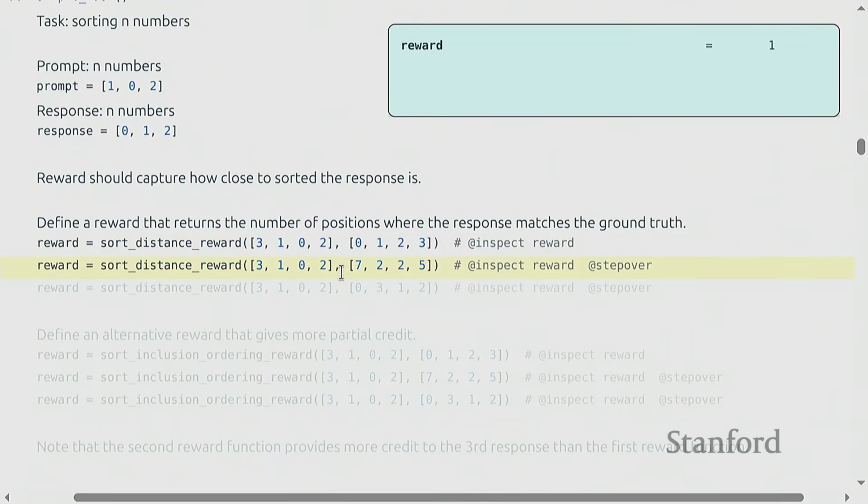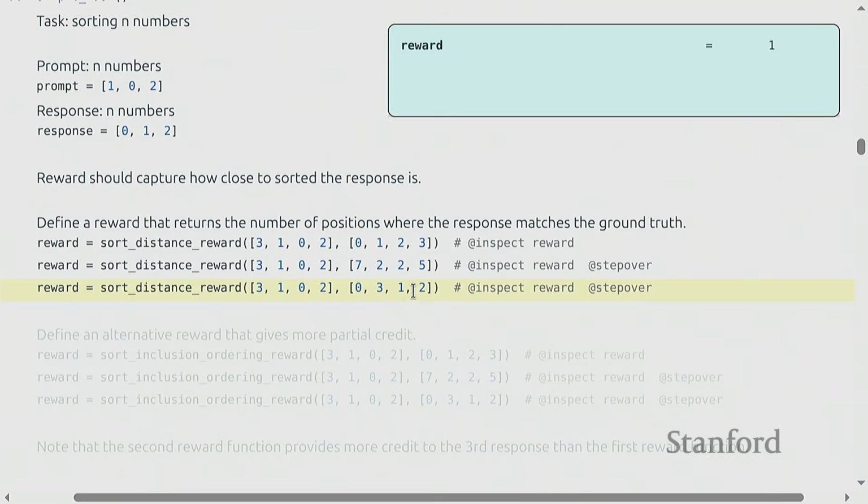If you have something that doesn't really solve the task, the reward is 1, because I think you got lucky and put a 2 in the second position. And you have this other one, which also isn't solving the problem, but you look at it and say, well, it's really trying.